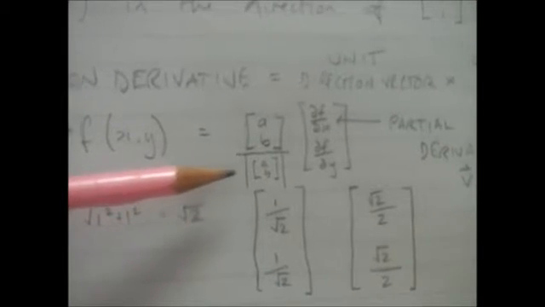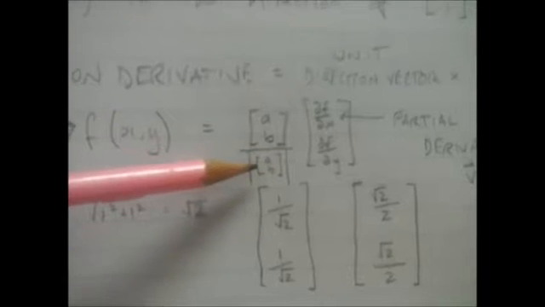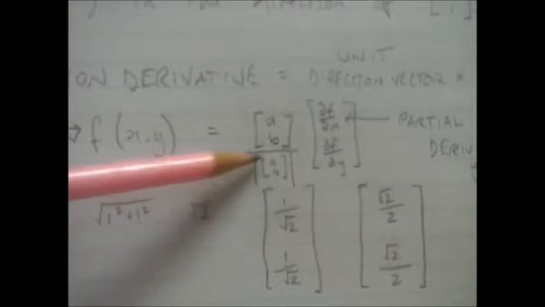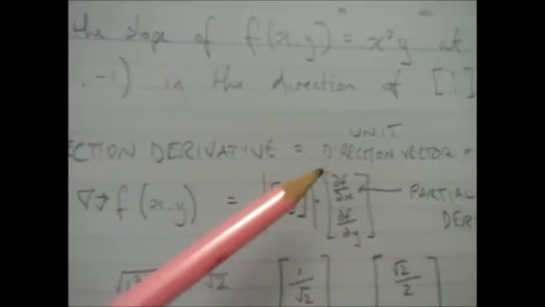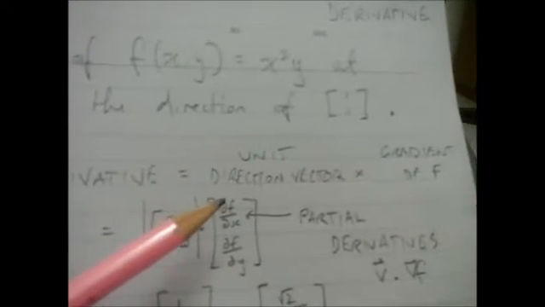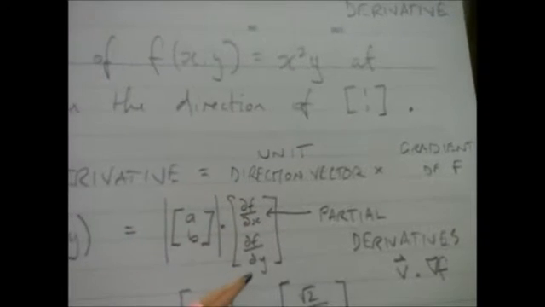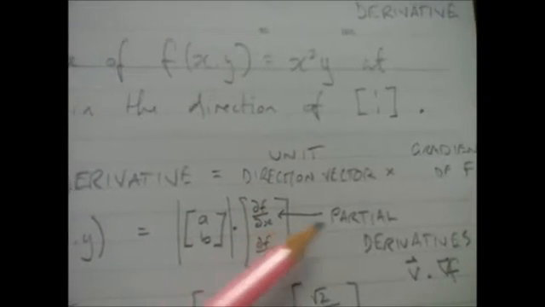The direction vector, and to make sure it's a unit direction vector, I have to divide it by the magnitude of the vector. This should be familiar if you've done vector studies in year 13. So these two lines mean the modulus of this vector, multiplied with the gradient of f. The gradient of f is a vector formed with the partial derivatives of the inputs.